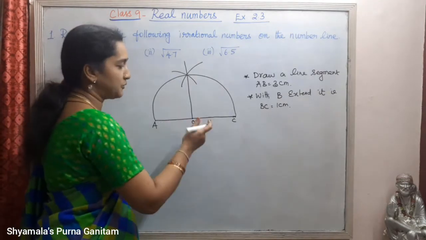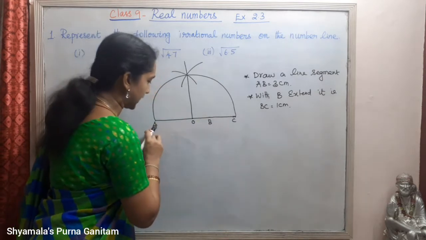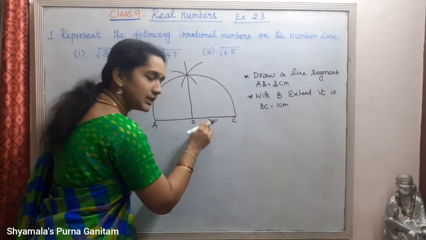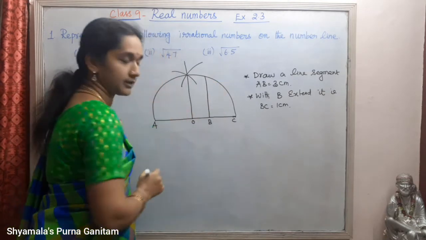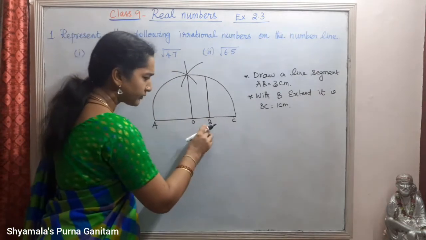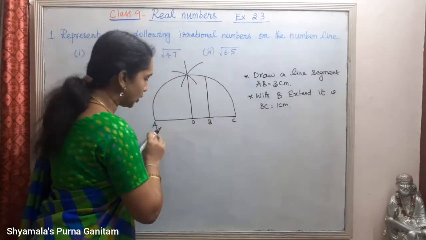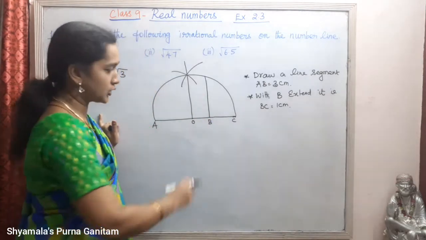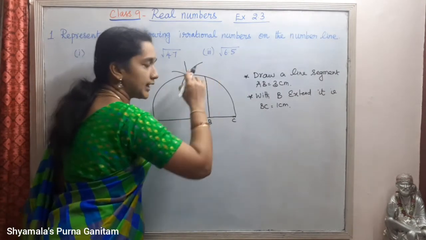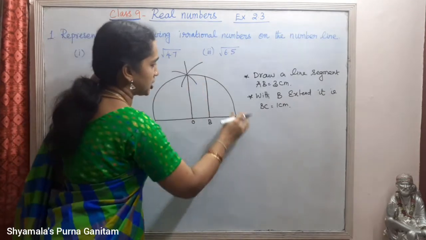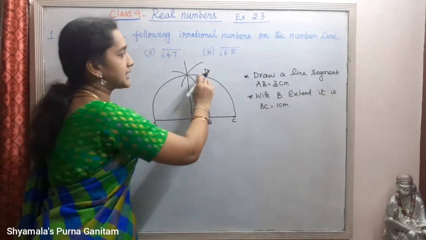After this, we draw a perpendicular line to AC from the point B. We draw the perpendicular line so that it touches the arc. From the point B, we draw a line segment that touches the semicircle at D.